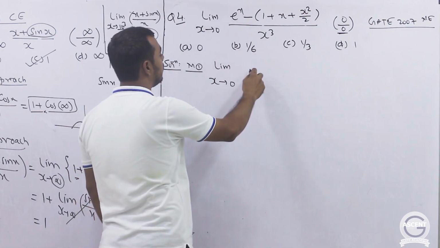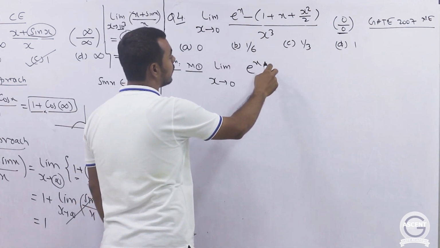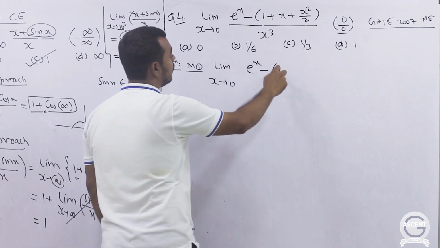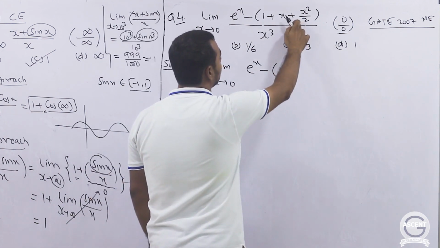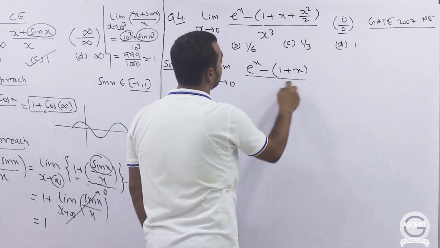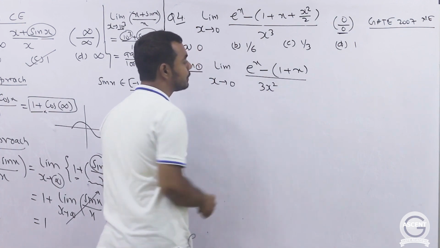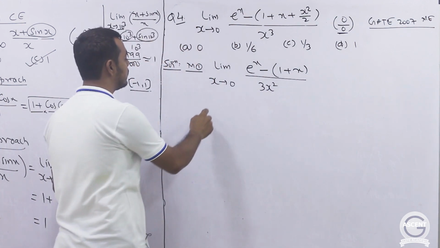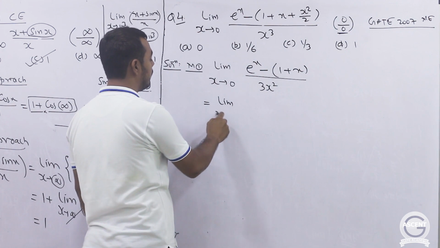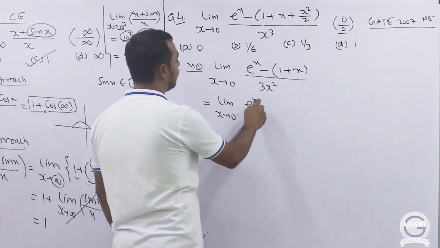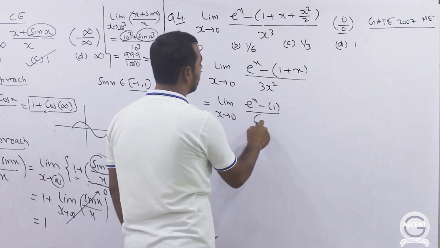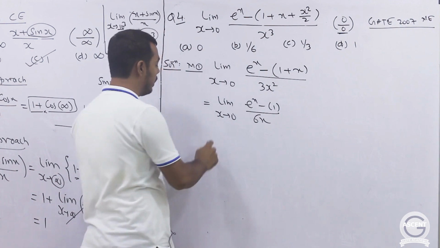So if I differentiate the numerator, I will get e to the power x minus the derivative of 1, which is 0, so I will get e to the power x minus 1, by 3x square. Now if I differentiate this again, then I will get limit x tending to 0, e to the power x minus 1 by 6x.